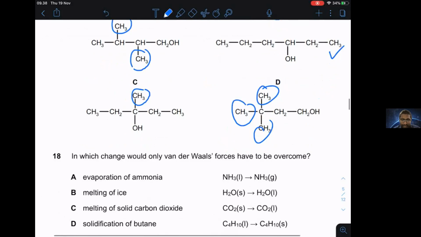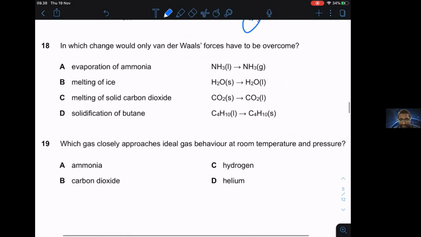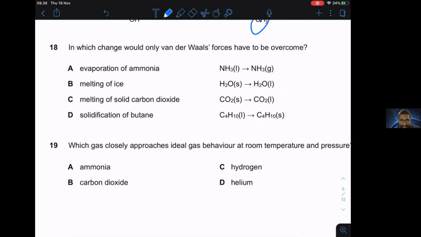Okay, next. In which change will only van der Waals forces have to be overcome? Evaporation of ammonia: ammonia has hydrogen bonding, so no. Melting of ice: ice has hydrogen bonding, and you need to overcome that as well. Melting of solid carbon dioxide: solid carbon dioxide is non-polar, so there are only van der Waals forces for them.